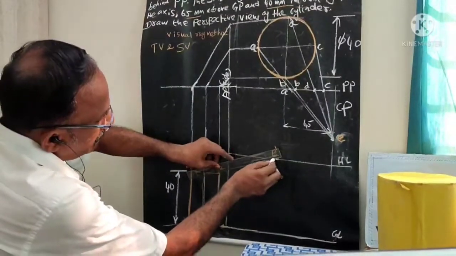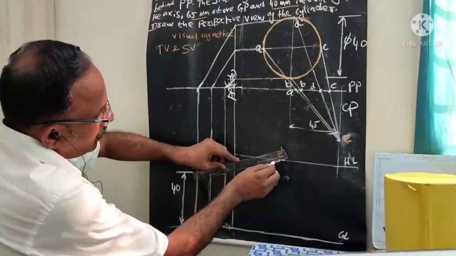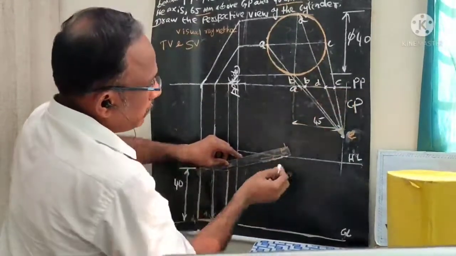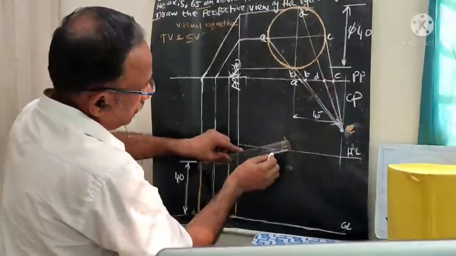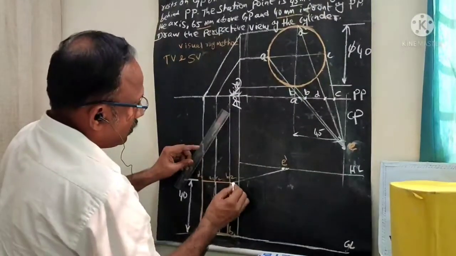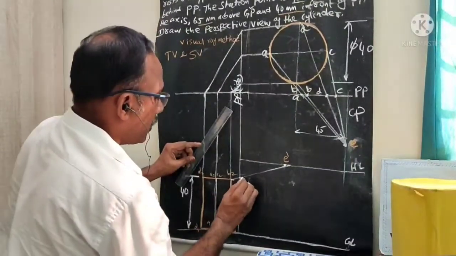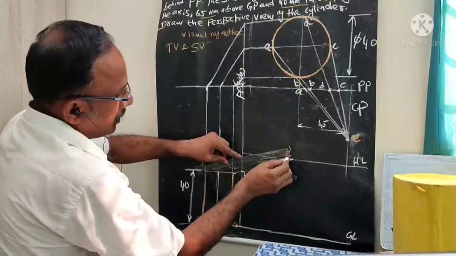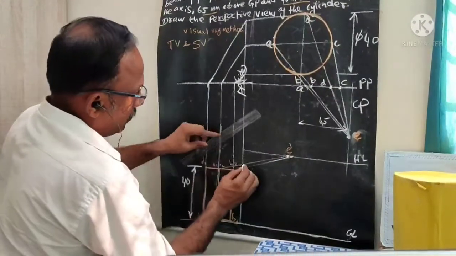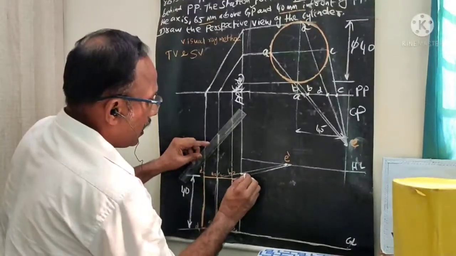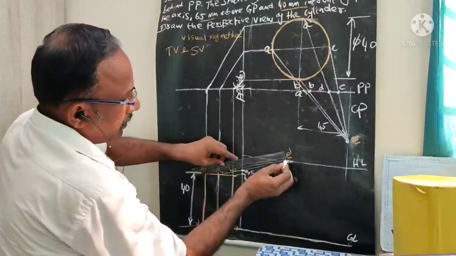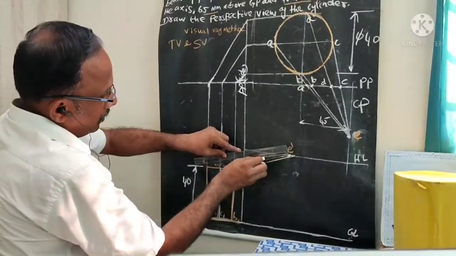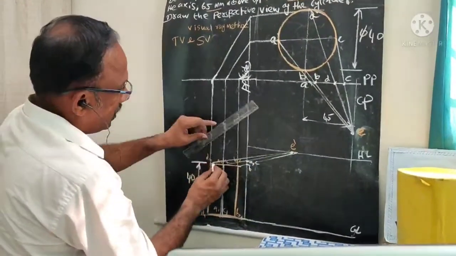First I will mark this as ABCD. Similarly, this is the meeting point B, and the center points I need to join as A, C, then the last point. I need to join all these points through visual rays.